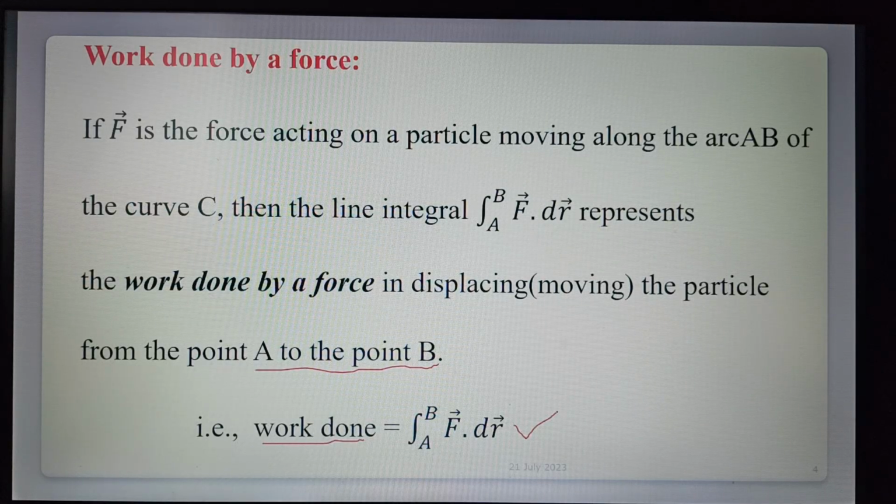So the line integral of f bar is called the work done by the force on a particle along the curve from A to B.